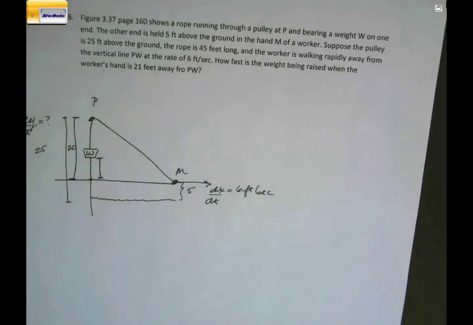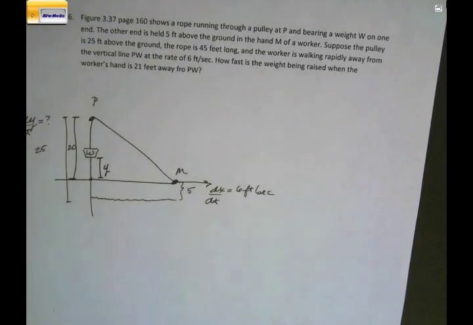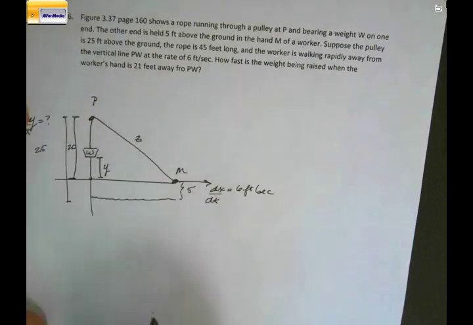And I'm going to stick to my notes. We're going to let that be y. I like to use x, y, and z. So dx/dt, here's y, and let's let this be z.